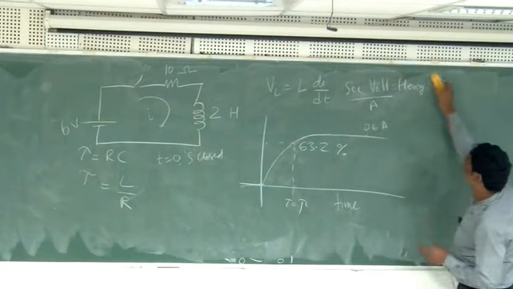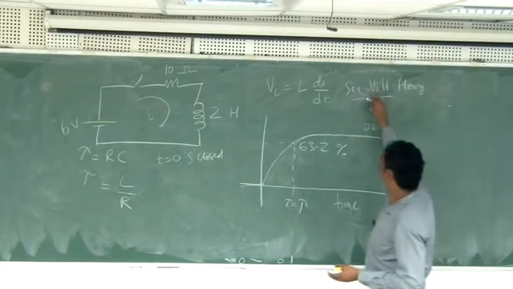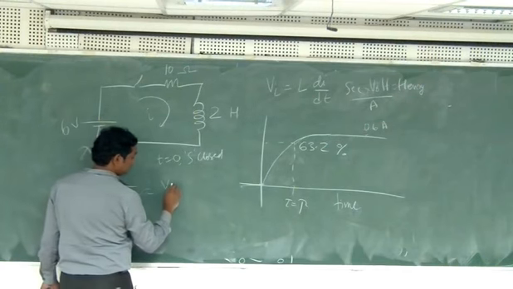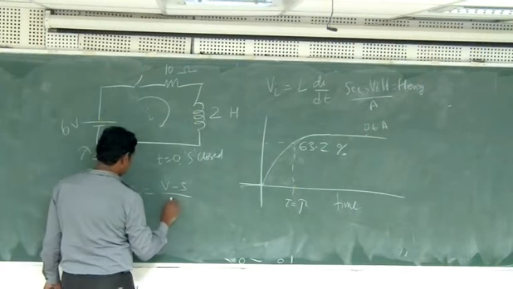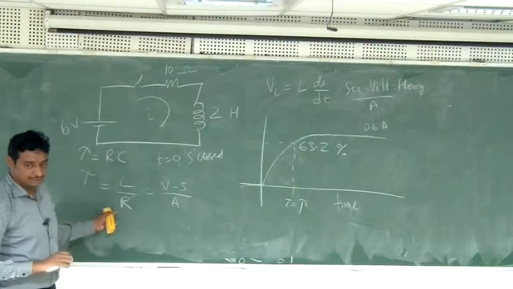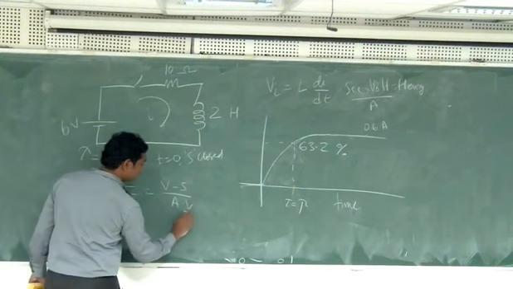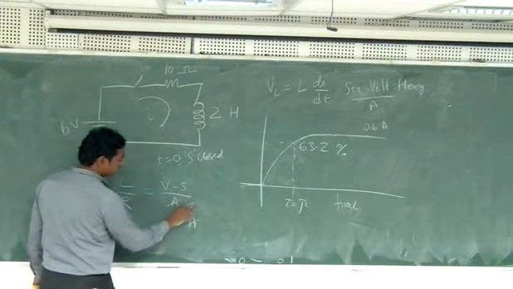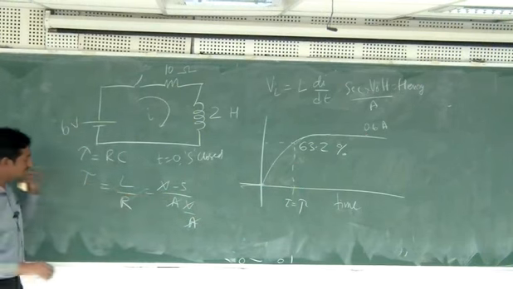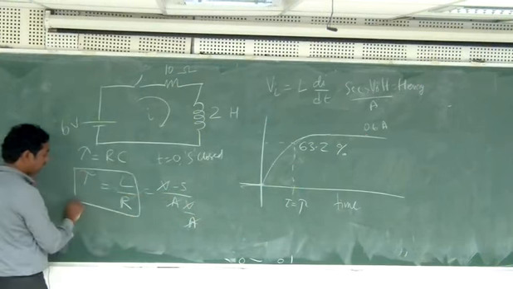Now what is the unit of resistance? Volts by amperes. So amperes will cancel, volts will cancel, and I'll get time in seconds. So L by R is the time constant for this one.